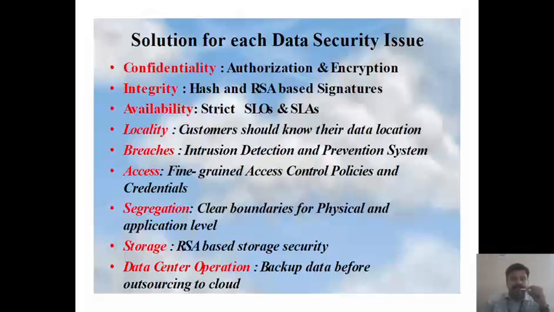Breaches: intrusion detection and prevention system is used. Access: fine-grained access control policy and credentials. Segregation: clear boundaries at physical and application level. Storage: RSA-based storage security. Data center operation: backup data before outsourcing to the cloud.